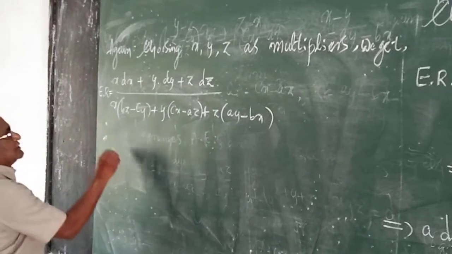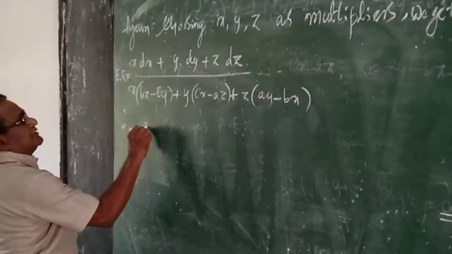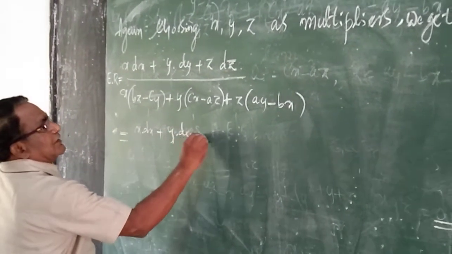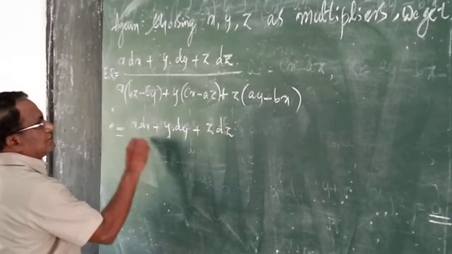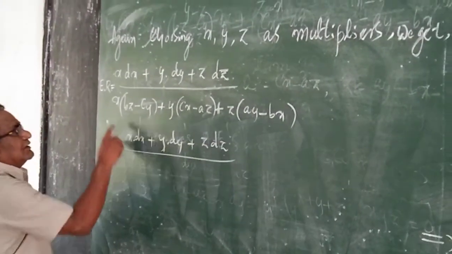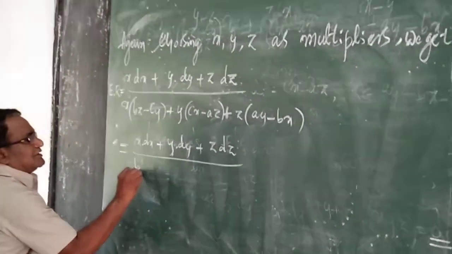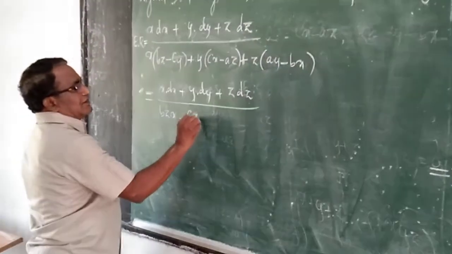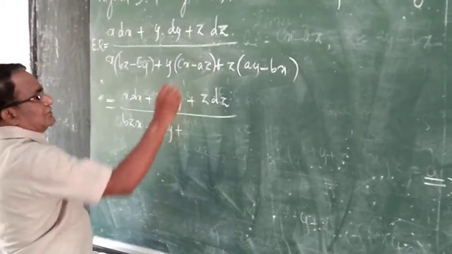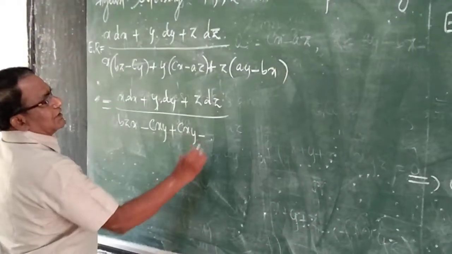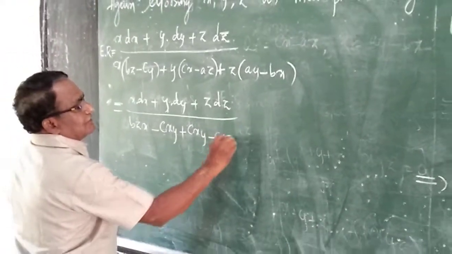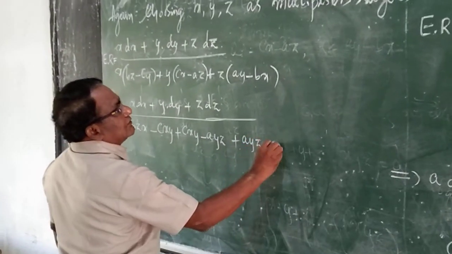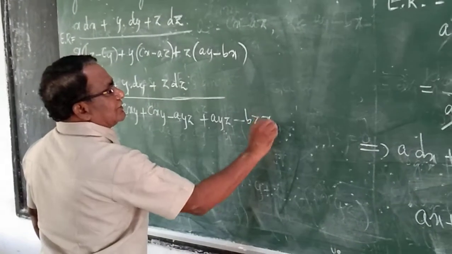Yes, this is equal to x into dx plus y into dy plus z into dz divided by x into bz, it is bzx, minus x into cy is cxy, plus y into cx is cxy, minus a into yz, plus a into yz, minus bz into x.